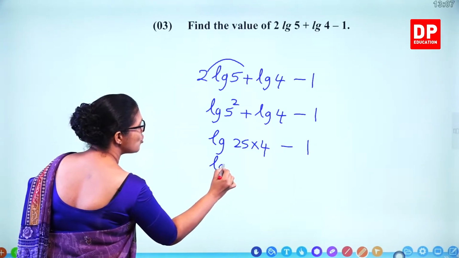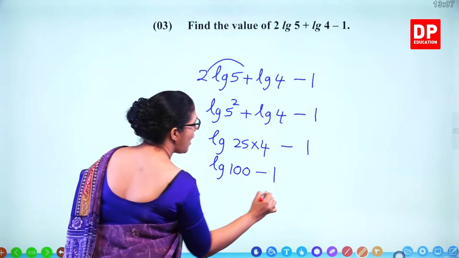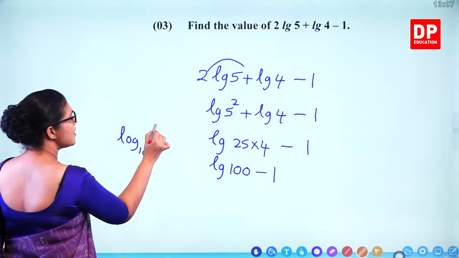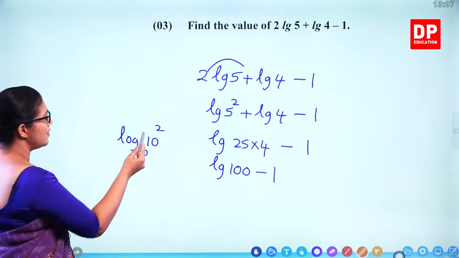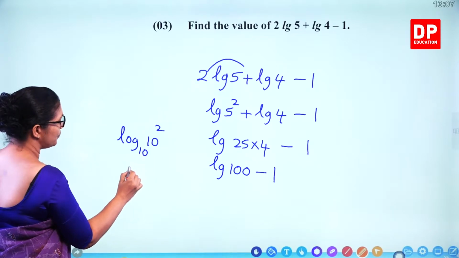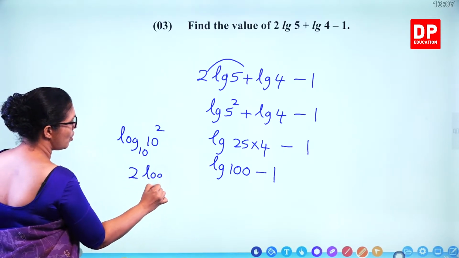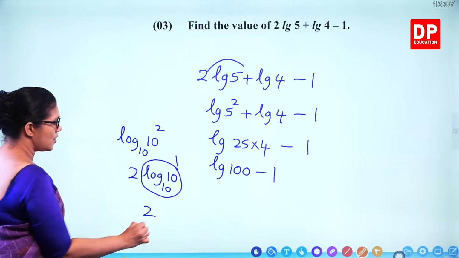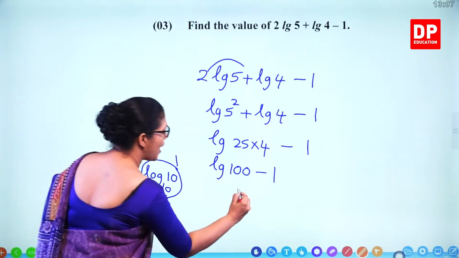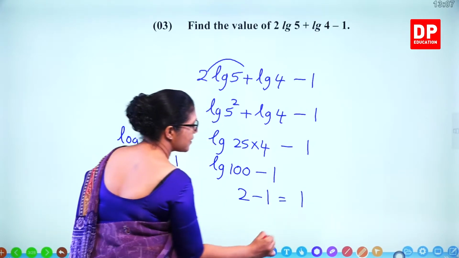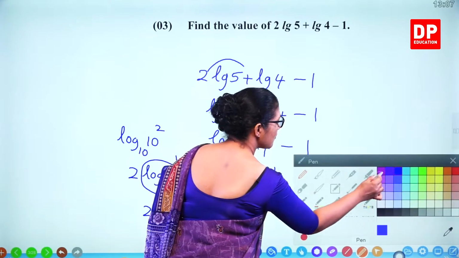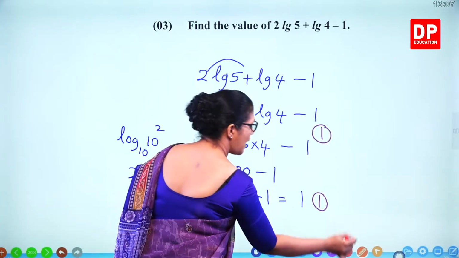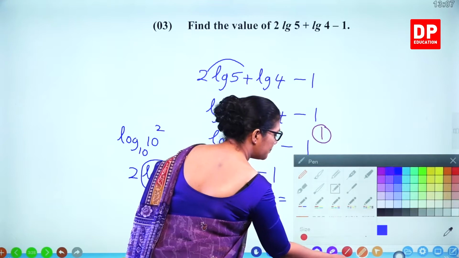So what is that? lg 100. What's lg 100? lg means log base 10 of 100. 100 means 10 squared. So this becomes 2 log 10 base 10, and that becomes 1. So you get 2 there. So 2 minus 1, answer is 1. 2 marks. 1 mark for the accuracy and 1 mark for the method.